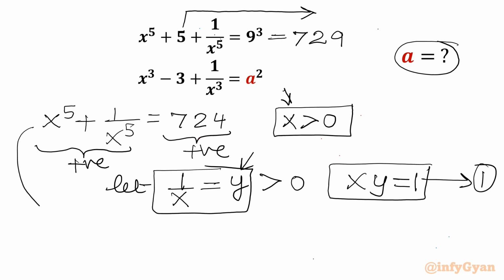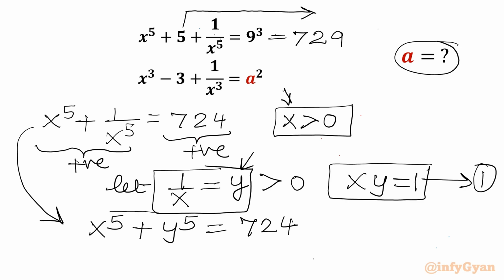Now what will happen to the equation after substitution? It will become x^5 + 1/x^5, I will write y^5, equal to 724, and this I will call equation number 2.